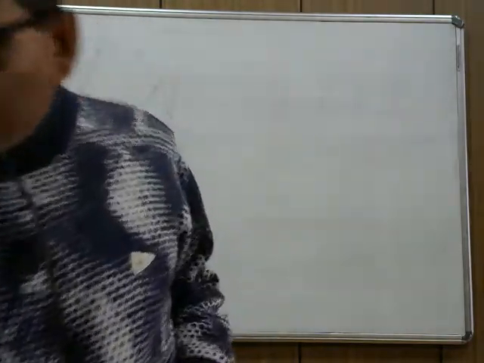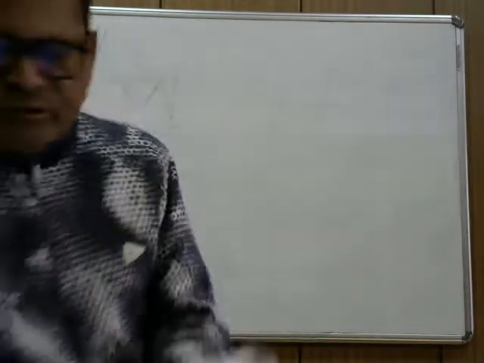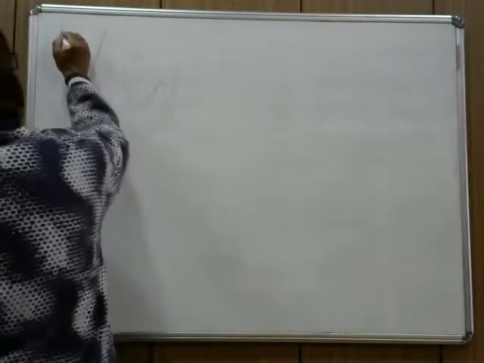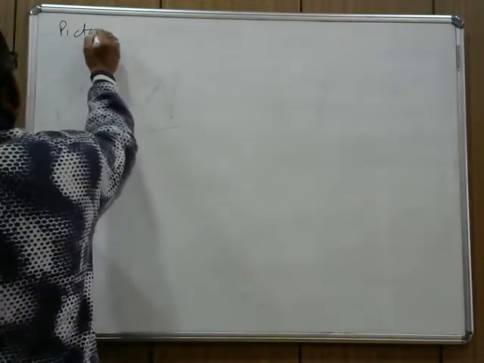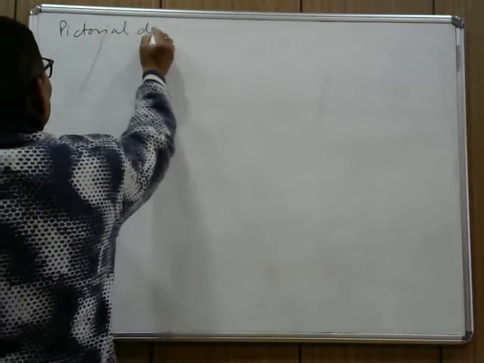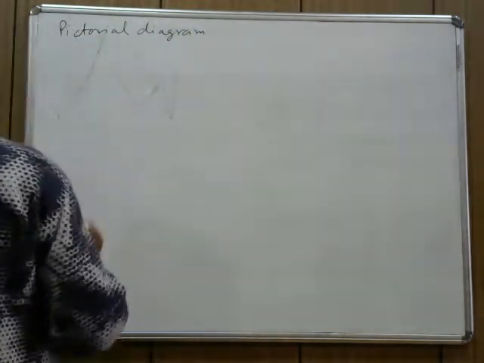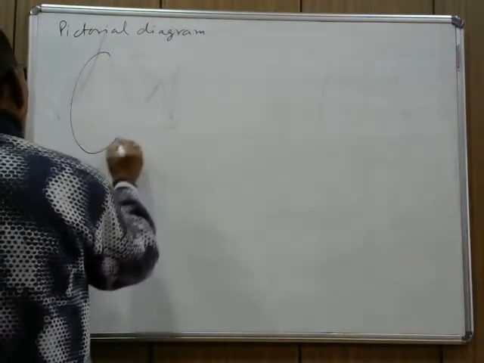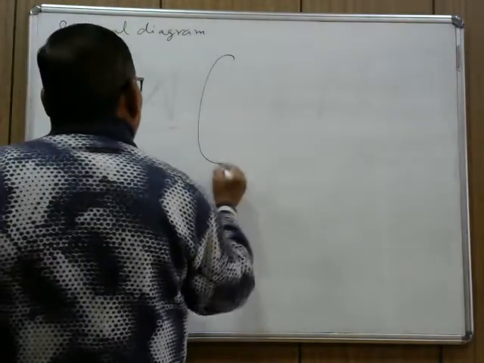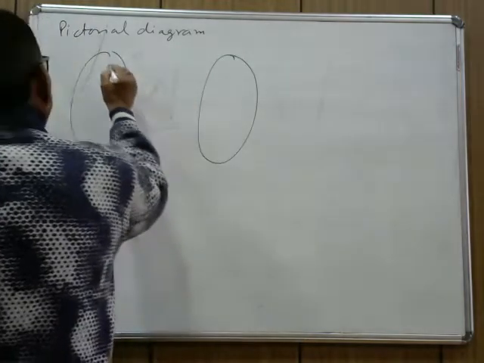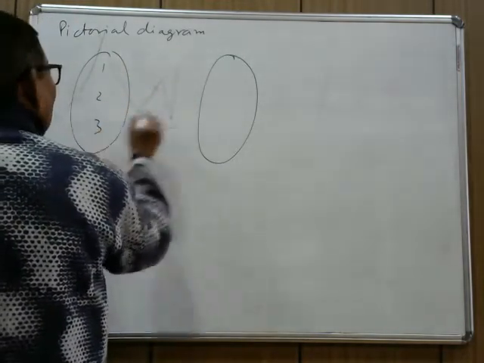There are two parts of my question. Pictorial diagram. Set A, set B. Its elements are 1, 2, 3.